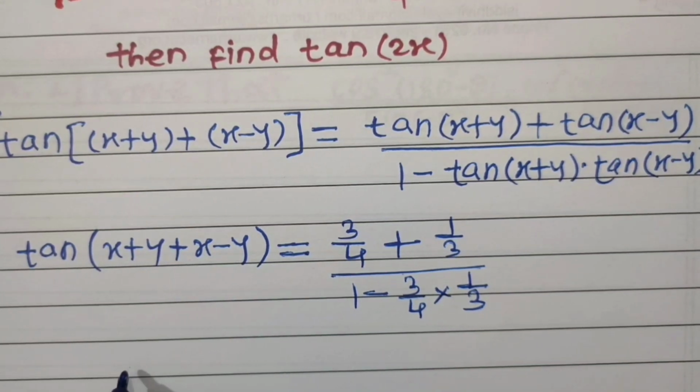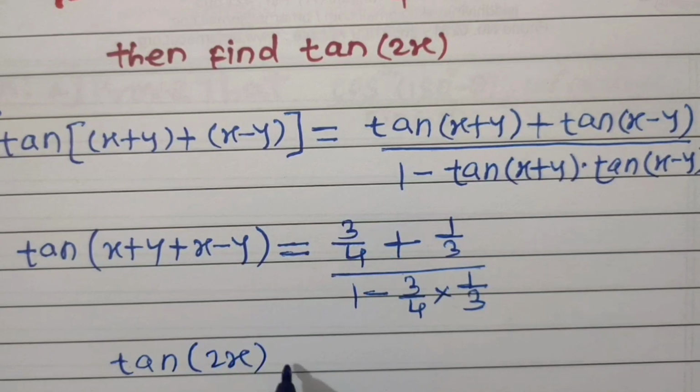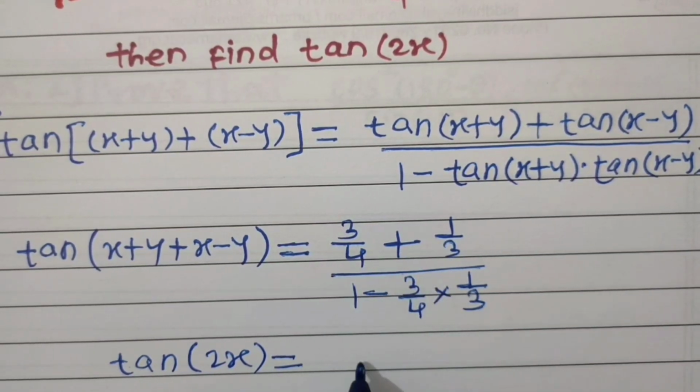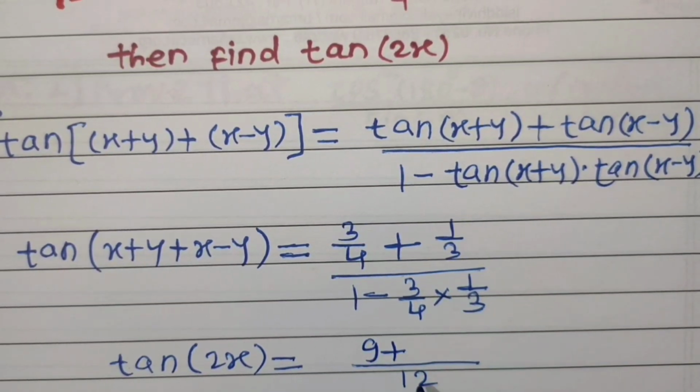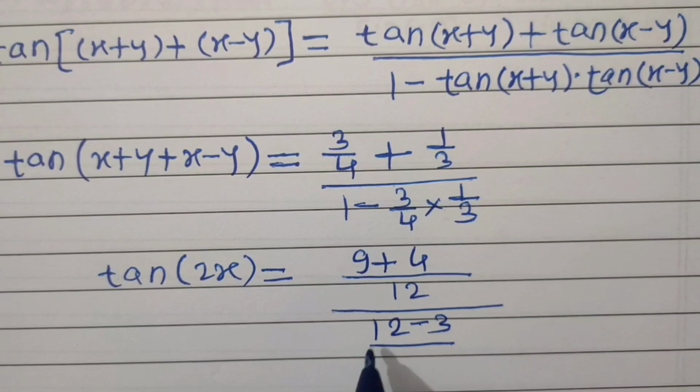So left hand side becomes tan of x plus x, that is 2x, and on right hand side LCM of numerator will be 12. So 4 3 are 12, 3 into 3 9 plus 3 4 are 12, 4 into 1 4, whole divided by 4 into 3 12, 12 into 1 12, 12 minus 3, divided by 12.